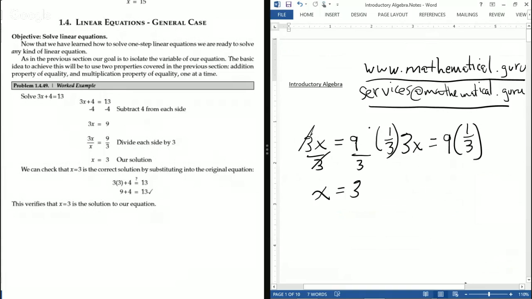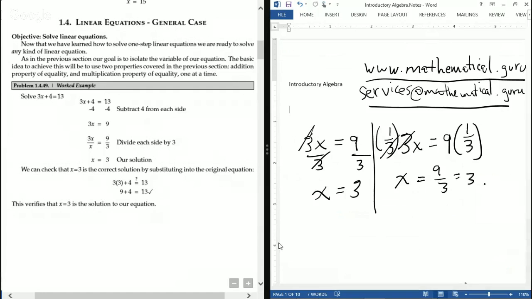And any way you go, you're going to end up with the same result. 3 times a third is the same as 3 over 3, and so we just get x. And same thing here. I can do 9 times 1 over 3, or I can just divide 9 by 3 and then times it by 1. I'll do 9 times 1, I get 9 over 3, and then that equals just 3.